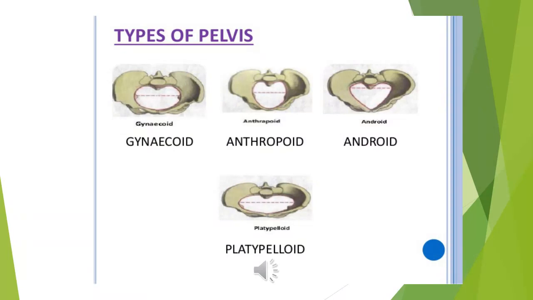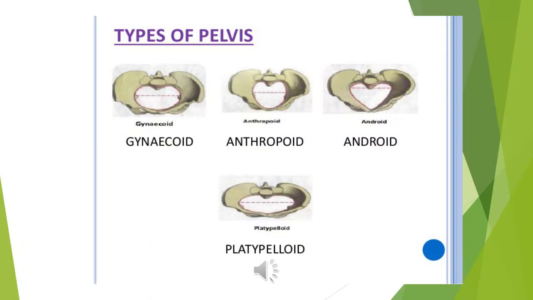We can classify the pelvis into different types. The morphological classification of the pelvis can be in two ways. One is according to the pelvic brim index, and the other is according to the anatomical and radiological data.